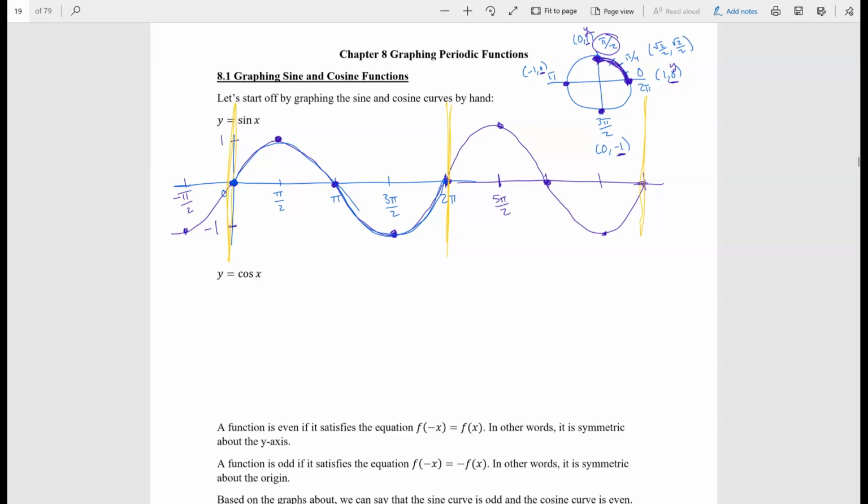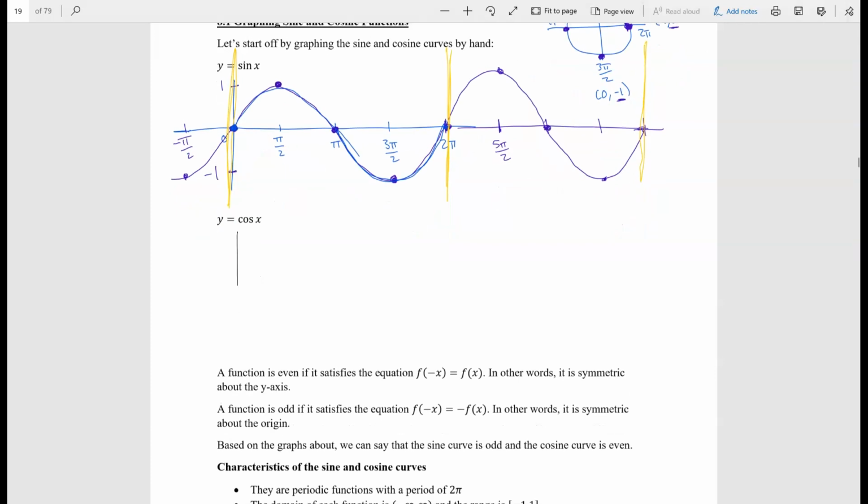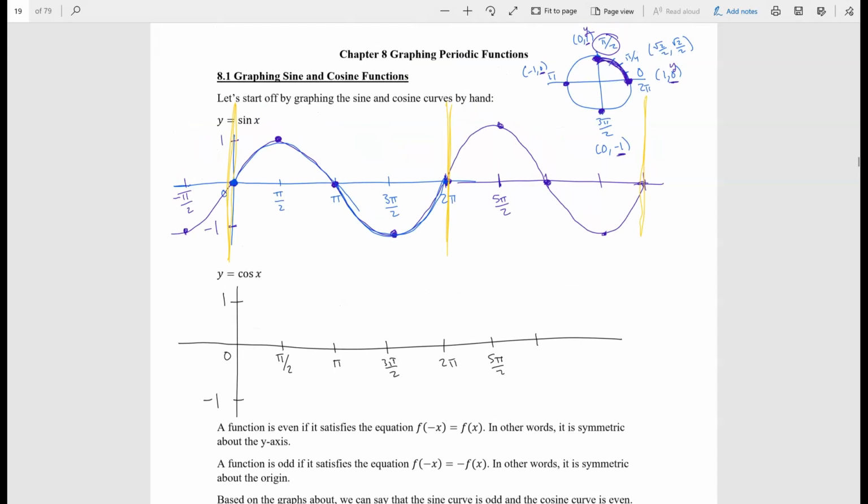Now what we want to look at is the cosine curve. So let's take a look at the cosine curve, and we're going to do the same exact thing. We're still going to use the quadrantal angles, 0, pi over 2, pi, 3 pi over 2, and then 2 pi. We're going to have 1, we're going to have negative 1. And you can keep going if you really want to. Now in this case, we're starting off with cosine.